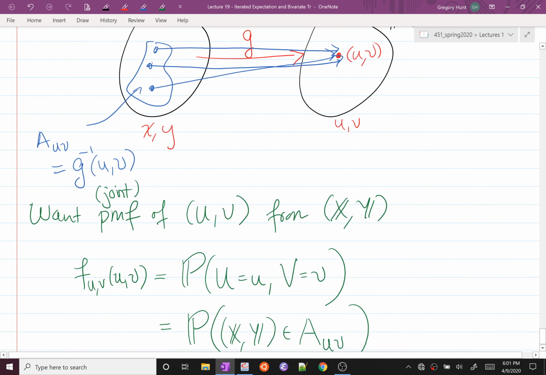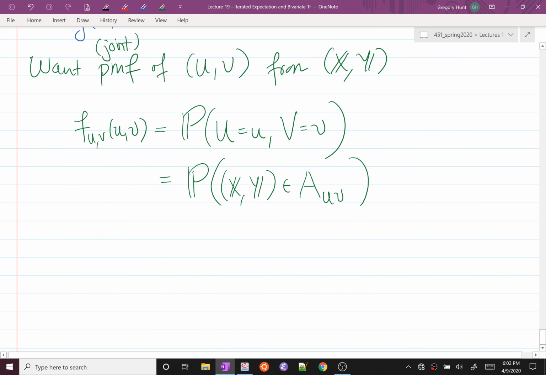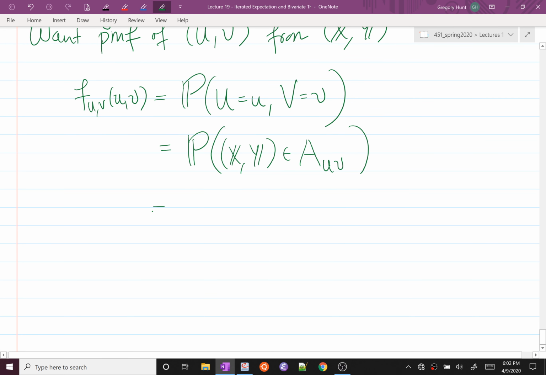Let's go back up to our picture. If we're at this point uv over here in our uv space, that's the same thing as xy being in that set A sub uv. So that's an equivalent way of writing that. And we know we can calculate this by summing over all pairs x and y in this inverse image.